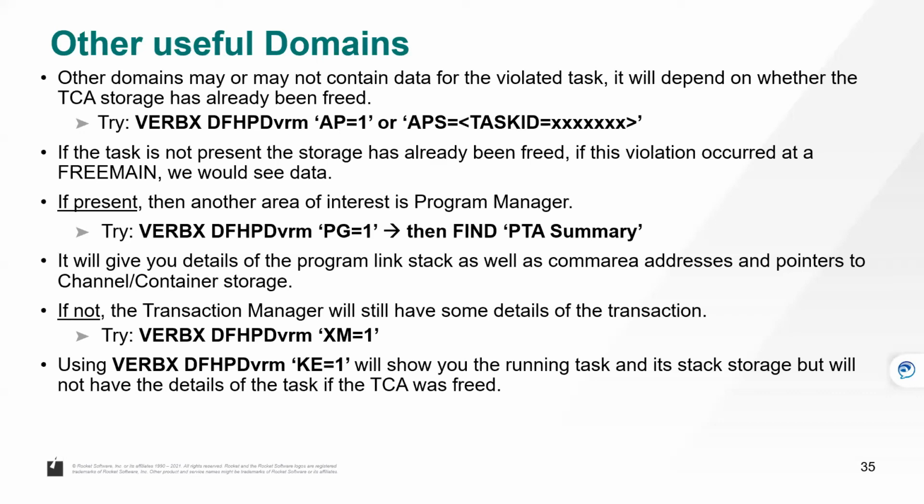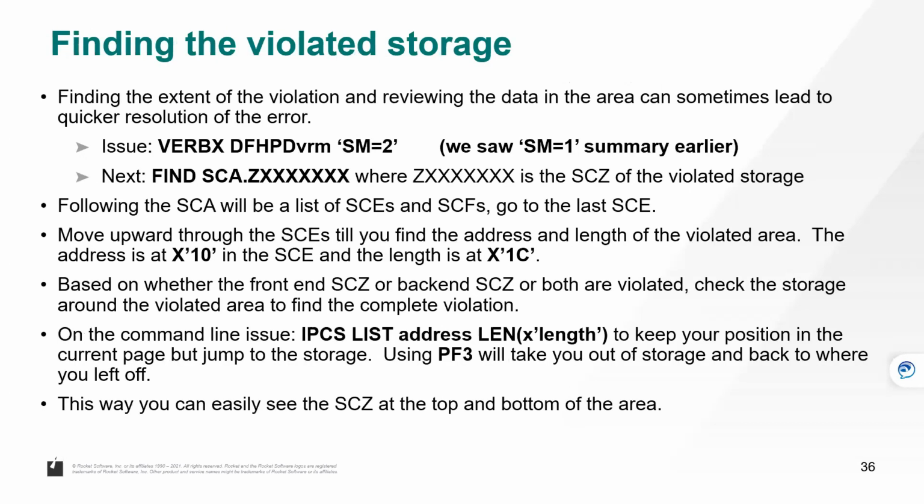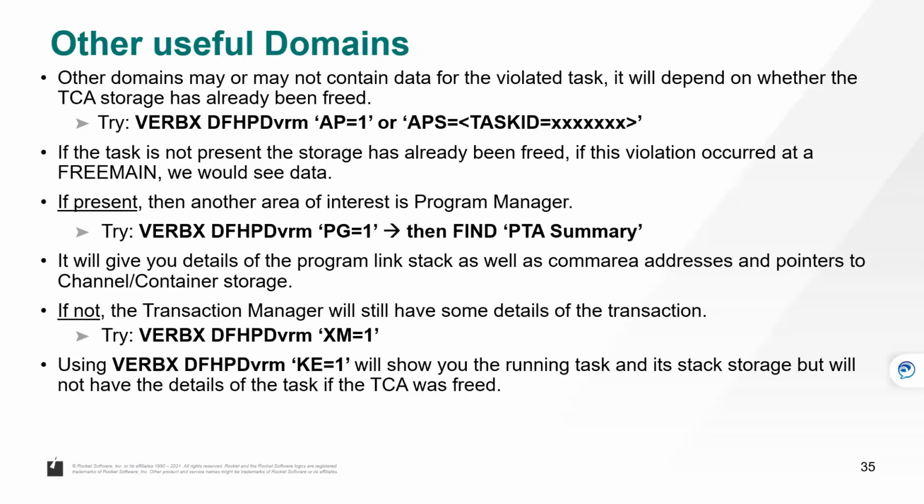When you get to the exception condition, once you see what the area is that's violated, which is what we're going to pretty much do next, you'll be able to figure out the task just by the storage checkzone. It ends in 202, so you know the task itself. And you can always go back to the transaction manager. The transaction manager will show you the tran ID for task 202.